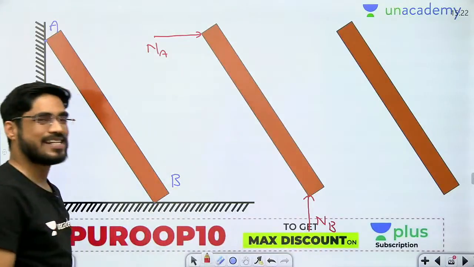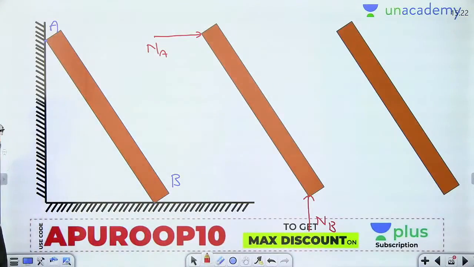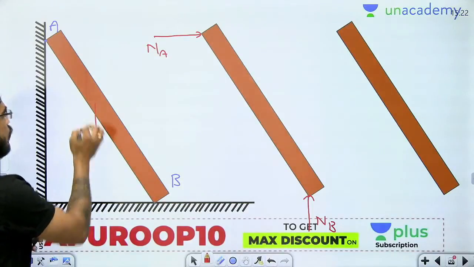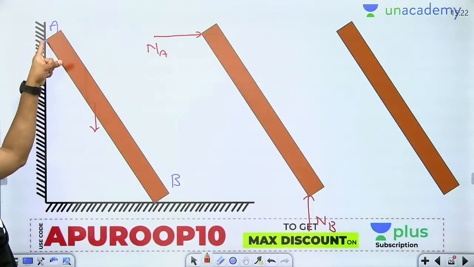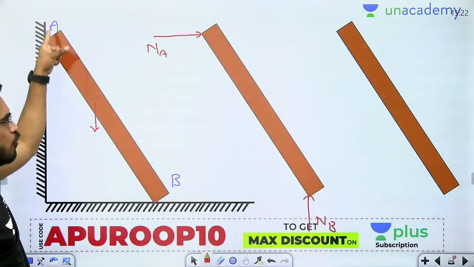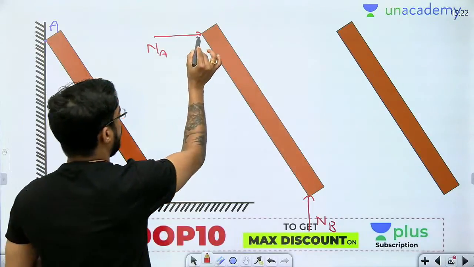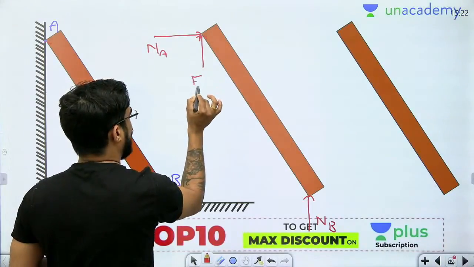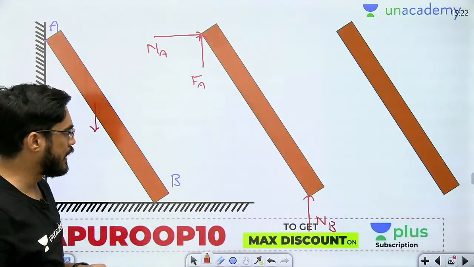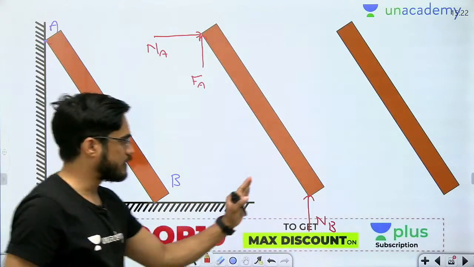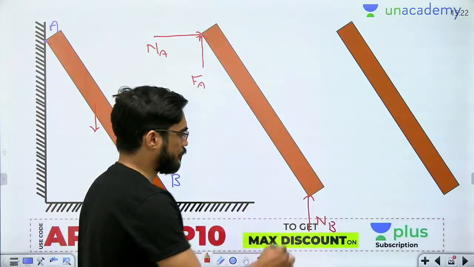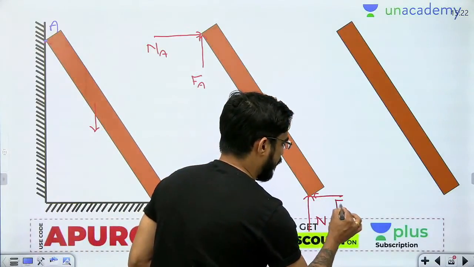But beta, there is friction also. So beta, if let's say this body is trying to go down, मान लो ये नीचे फिसल रहा है, at point A, the motion will be downward, so the friction will be upward, opposite to motion. Okay. Similarly, at point B, it is trying to go right side, so friction will be towards left side.